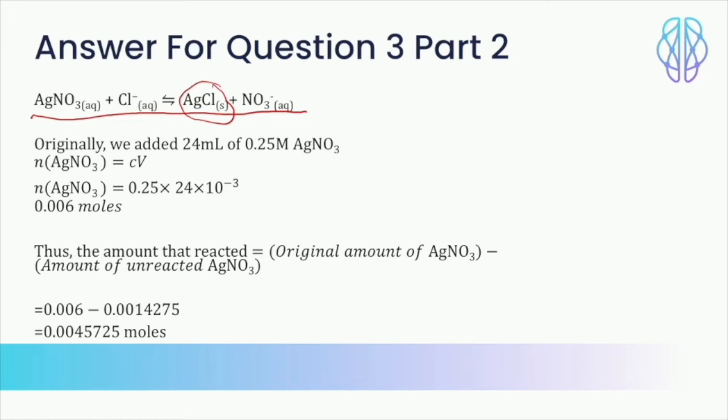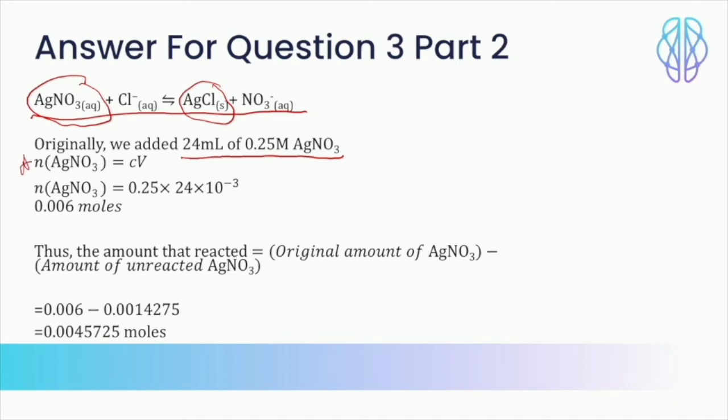So this is when I've just got the beaker of water and I've just put excess silver nitrate into that beaker. So this is the step where we're at. The excess that I mentioned was 24 milliliters of 0.025 molar. Again, n equals CV.